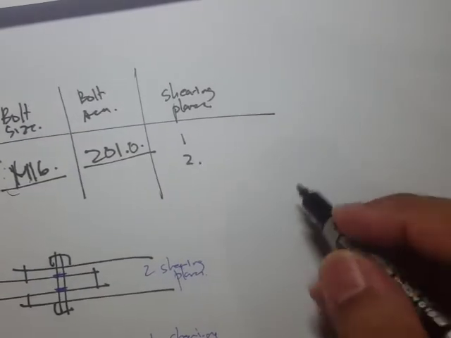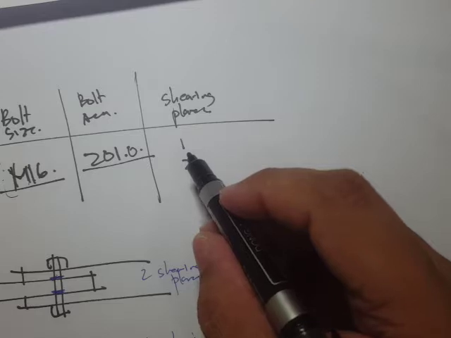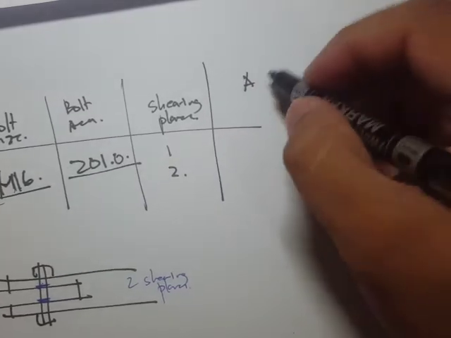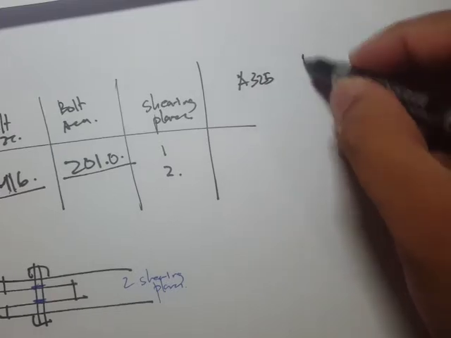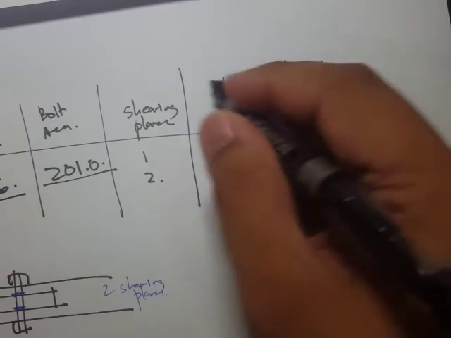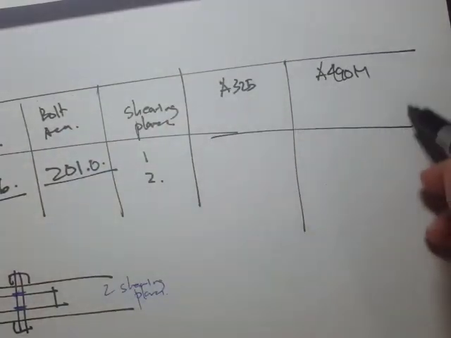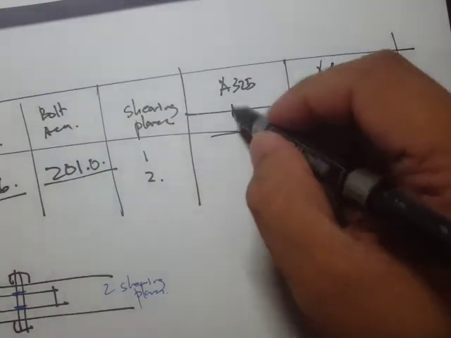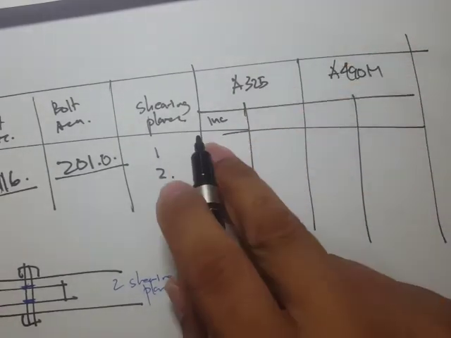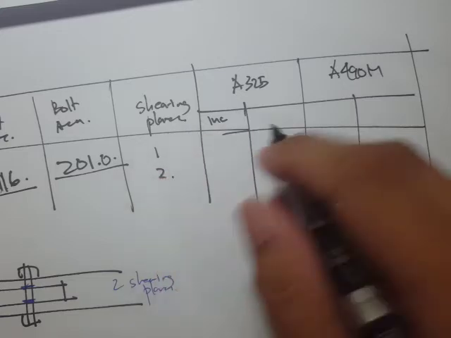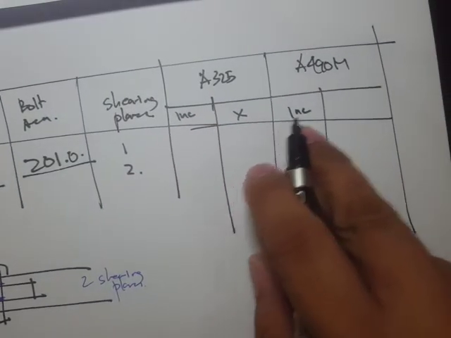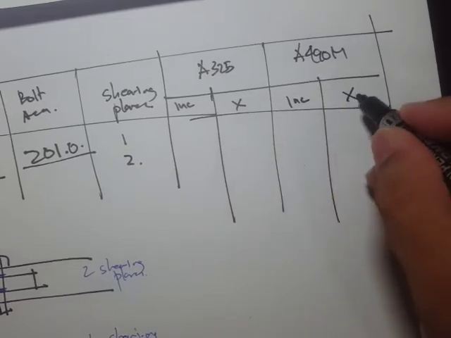It says here that if you have one shearing plane and a high strength bolt, A325, and here there's A490M, there's also a sub column for whether the threads are included or not.